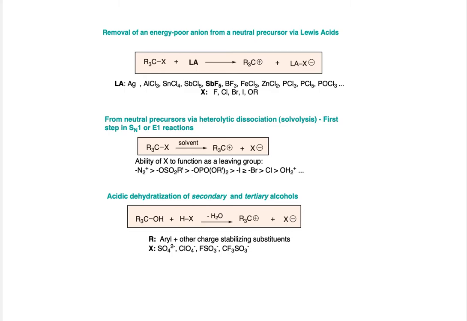Other than acyl halides, we can also use some different starting materials, like simple alkyl halides with Lewis acids, or secondary and tertiary alkyl halides that can be ionized by using polar solvents, or we can have secondary or tertiary alcohols that can be reacted with acid halides to produce stable carbocation.